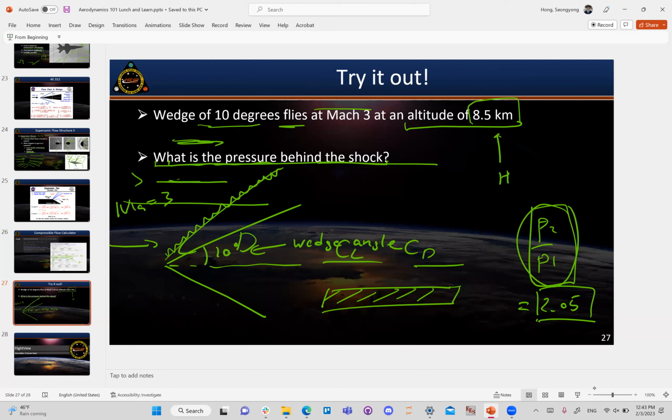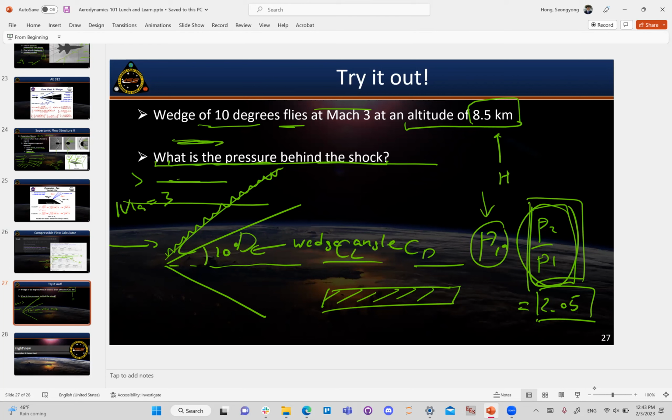Just the pressure before the shock, not in relation to anything else? So this just gives you the pressure ratio. But in order to get the pressure behind, you got to multiply this by P1. So what is P1?